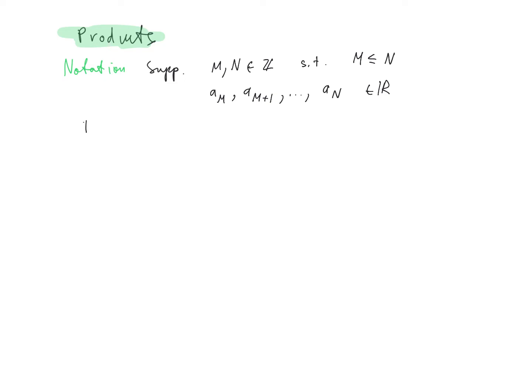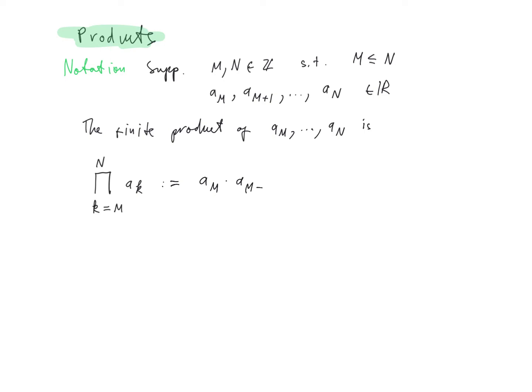Then the finite product of these numbers, am through an, is denoted using the Greek letter pi, where we have to specify the index varying from, let's say, m up to n, and here we have the element ak, where k corresponds to the index running through this list, and this notation simply represents the product am times am plus 1 times etc. times an.